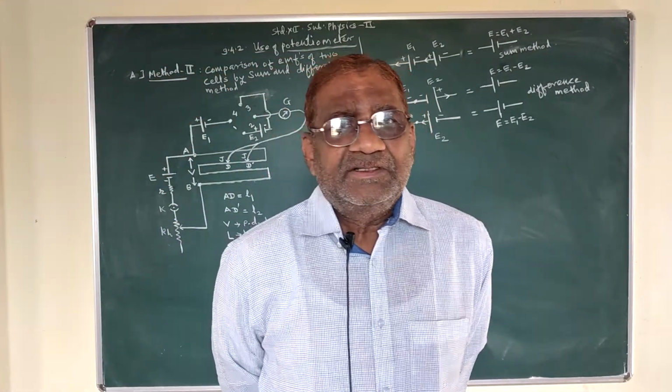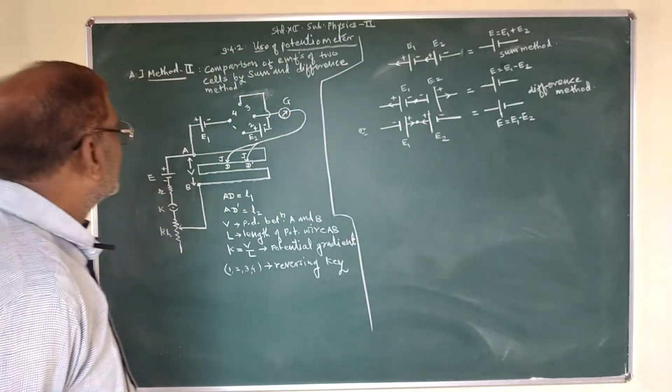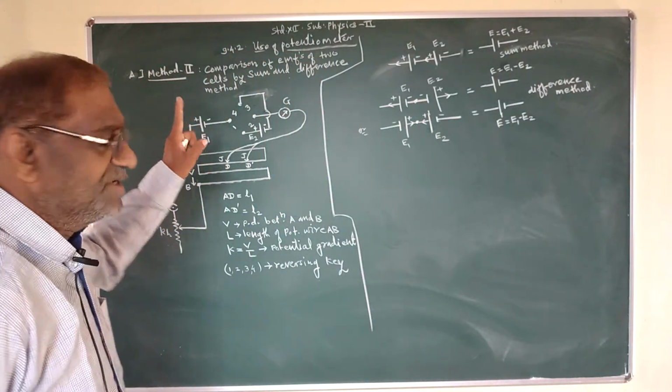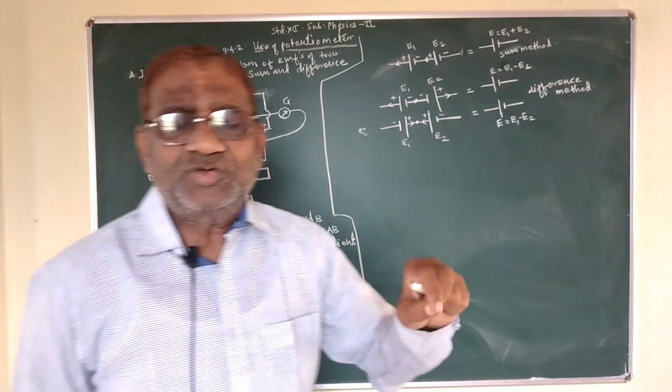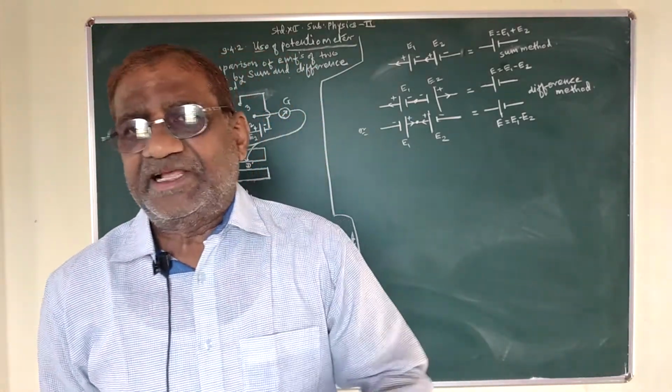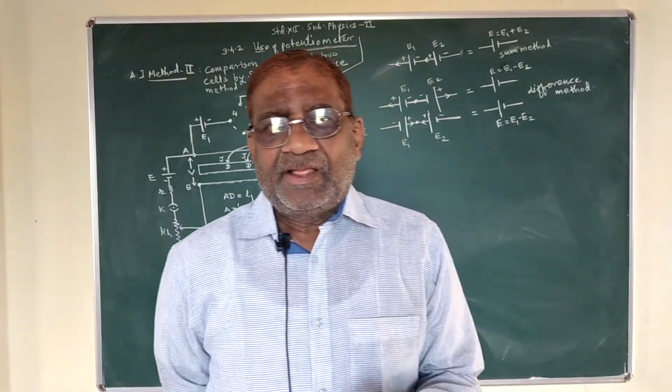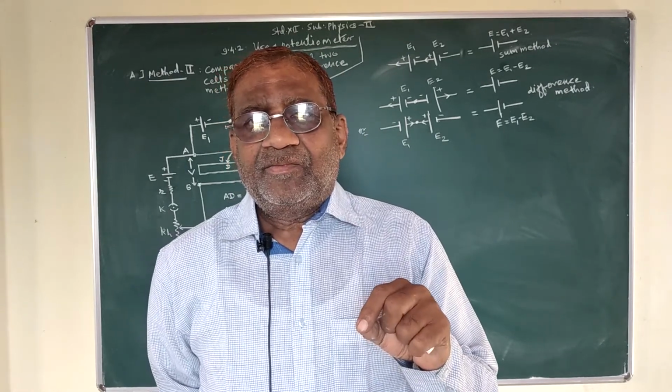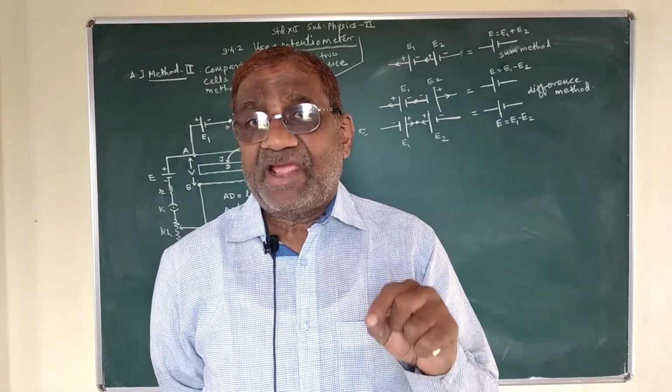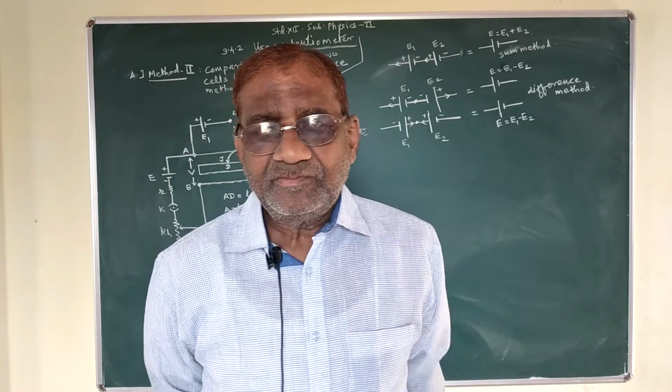So, what is the second method? The second method by which we can find the ratio of EMF of two cells is called the sum and difference method.